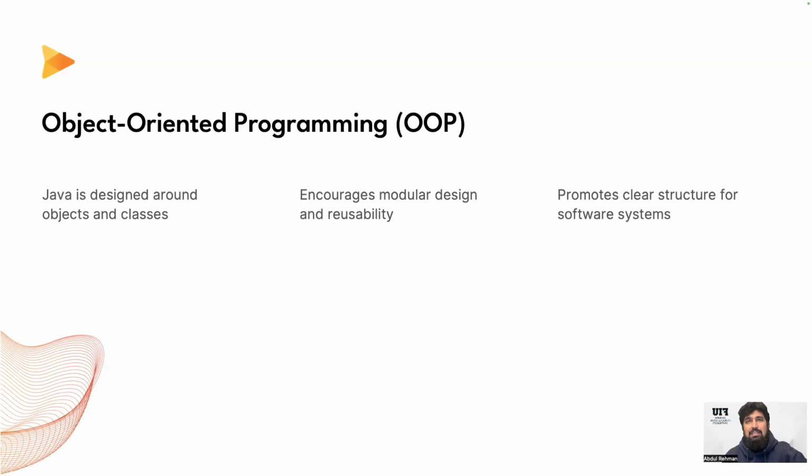The major reason for selecting Java is its object-oriented programming paradigm, which means we design and develop the code keeping every single entity as an object.